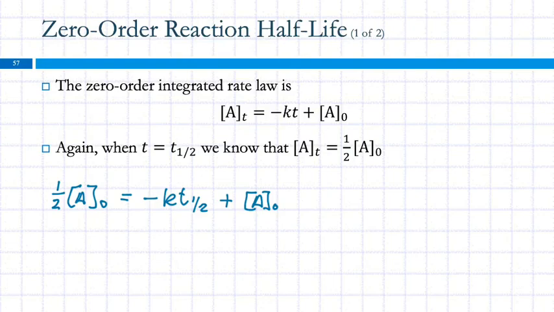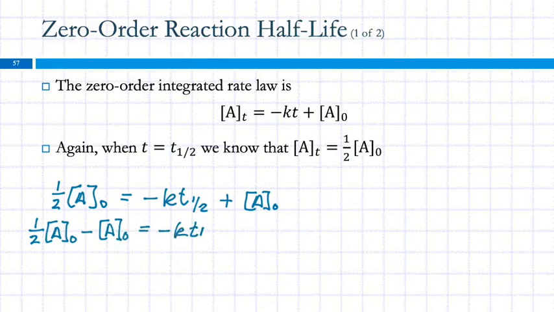I want to combine terms. I want to get the A0 and the 1/2 A0 together. If I subtract, you'll see that it's just ugly. We're going to have 1/2 of A0 minus, and this gets ugly too. There's just no way around it.